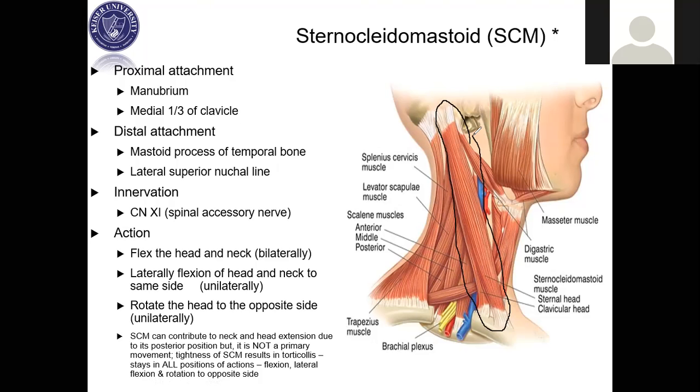So, its origin is the manubrium of sternum, hence sterno, and the medial third of the clavicle, hence cleido. Sternocleido is sternum and clavicle.